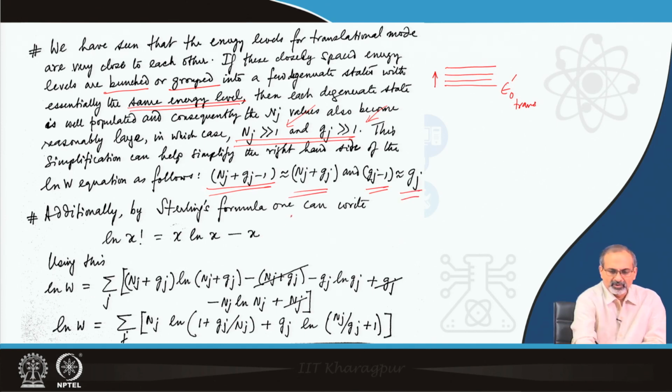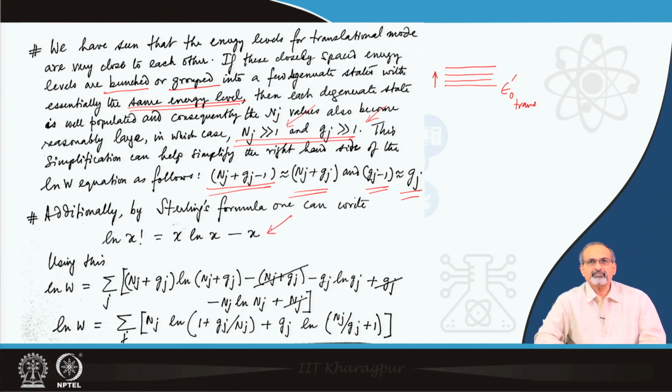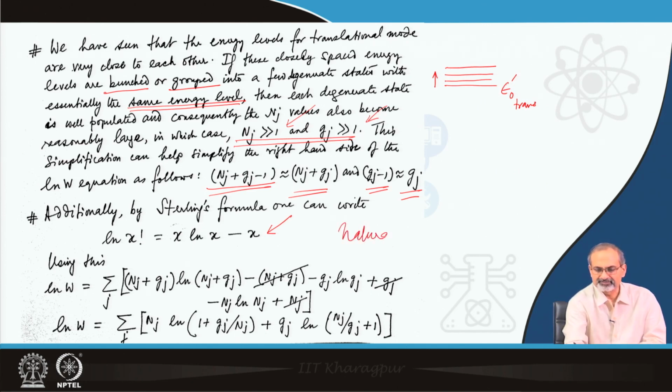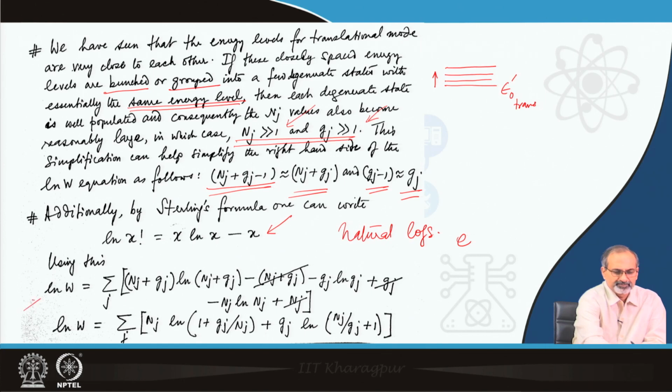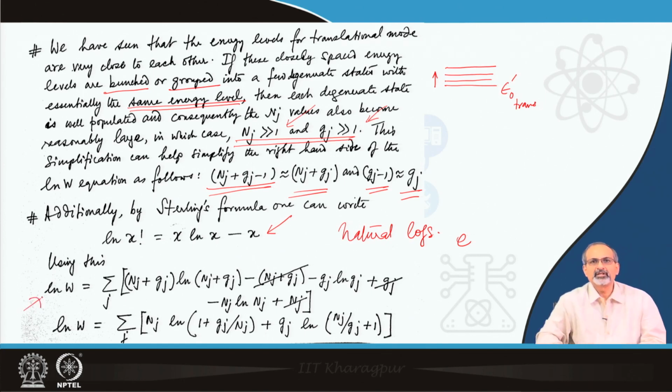Additionally, you can use this identity where you have the logarithm of factorial x equal to x log x minus x. All the logarithms that we are talking about are of course natural logs, to the base e. Once you bring in those simplifications, the log W equation will simplify quite a bit. It will look like this.